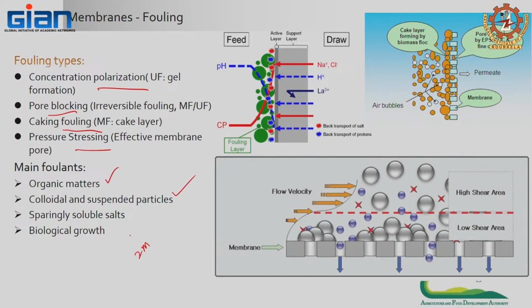Organic matter, colloidal suspension, sparingly soluble salts or biological growth. Here is also the thing of biofilm. If the same membrane is used again and again, some bit of milk protein is left over there, it causes membrane fouling, microorganisms can grow, then you have to clean the membranes.